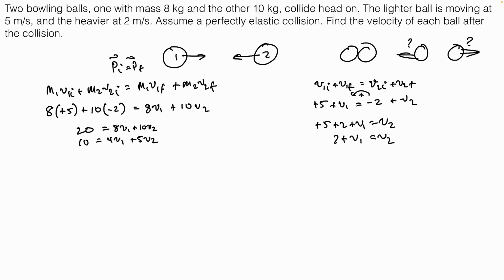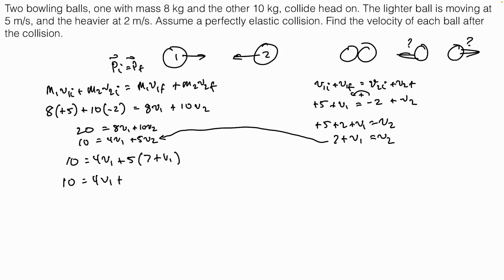And now this V2 goes in there, doesn't it? So this is 10 equals 4V1 plus 5 times 7 plus V1. 10 equals 4V1... 5 times 7 is 35? Is that right? I don't know my times tables anymore.